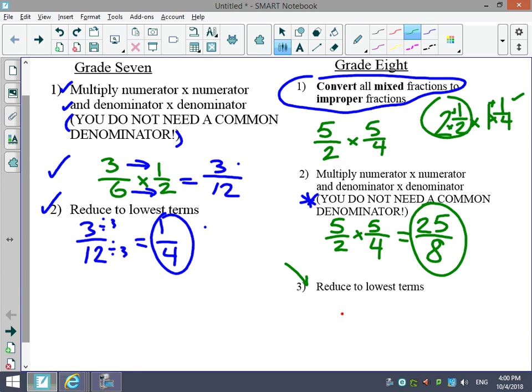Some kids have asked, do I need to put this into a mix to show lowest terms? And you certainly could. 8 will go into 25 3 times and have 1 remainder and 8. You may say that is lowest terms, but you can leave it as an improper fraction as long as you cannot reduce it any further. So either way would be a correct answer.